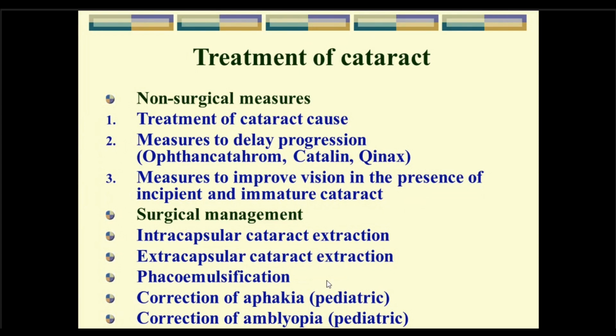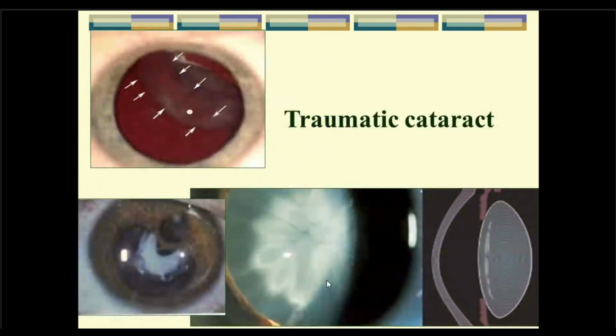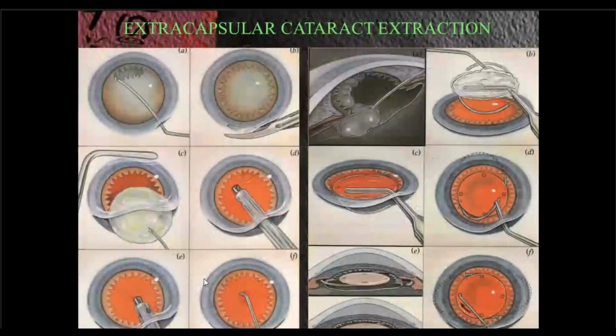But to tell the truth, we can't say that these drops are really effective. If they were effective, we wouldn't have so many cataract surgeries. That's why the most important way of cataract treatment, of course, is surgical treatment, surgical management.